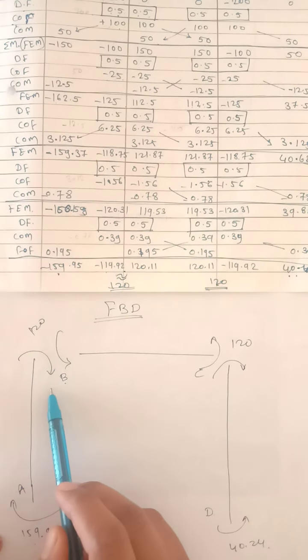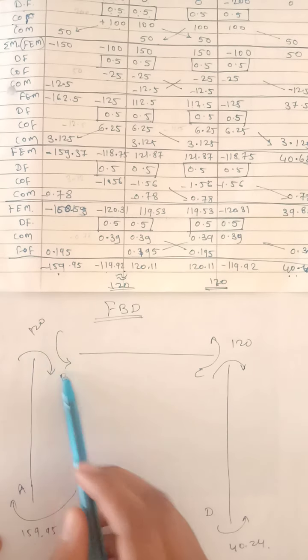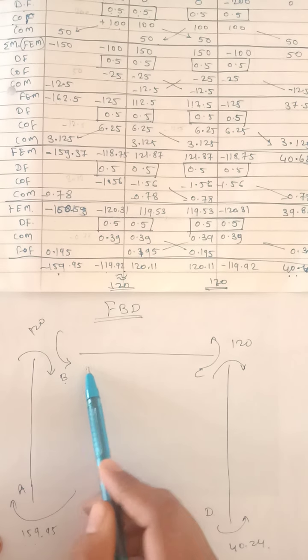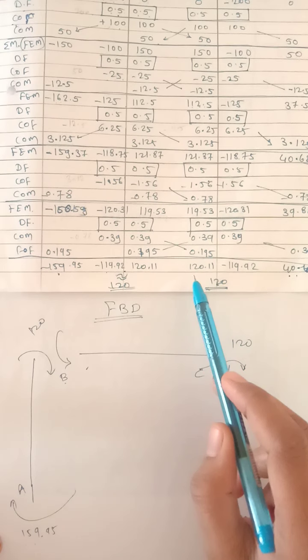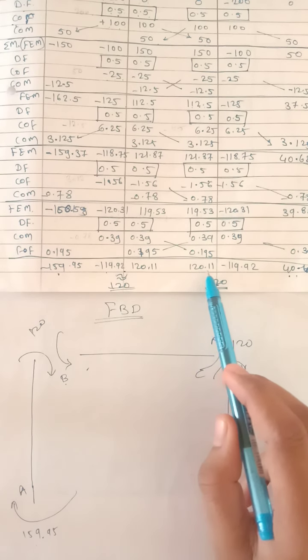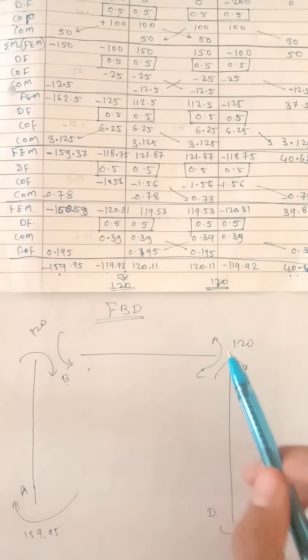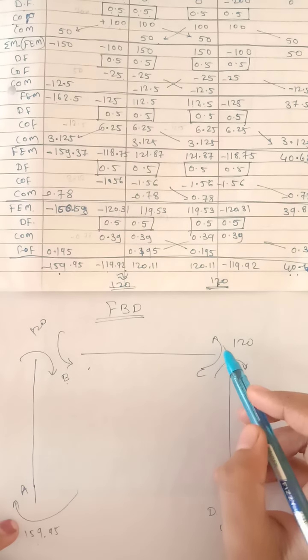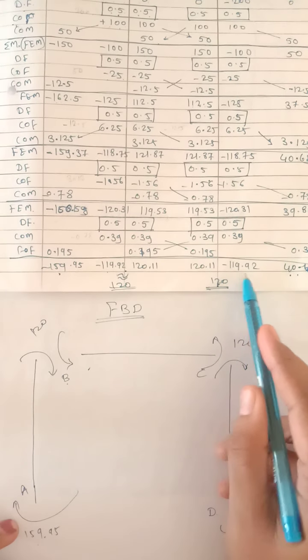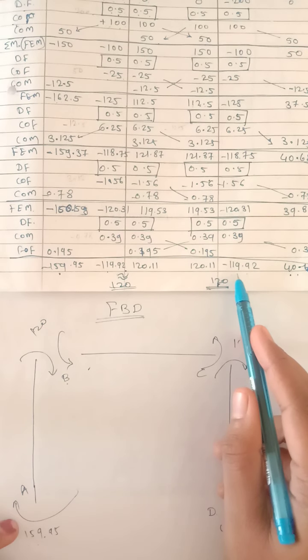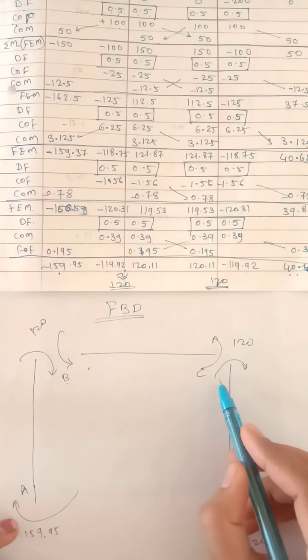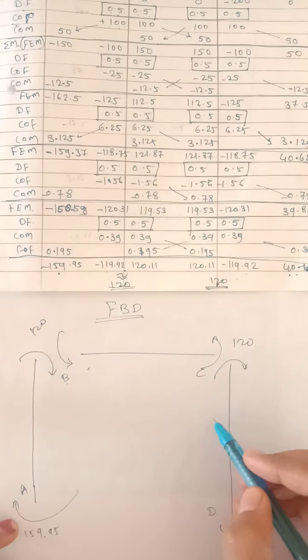Here we take the clockwise direction and here the anti-clockwise direction. Then at point C, for member CB the end moment is plus 120, so we take the anti-clockwise moment. At point CD, our end moment is minus 120, so here we take the clockwise direction.